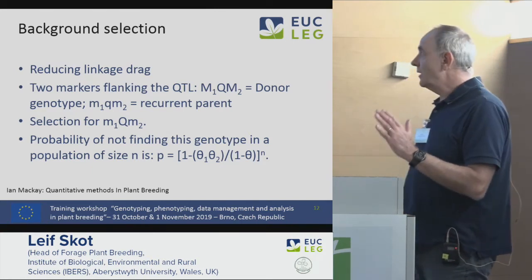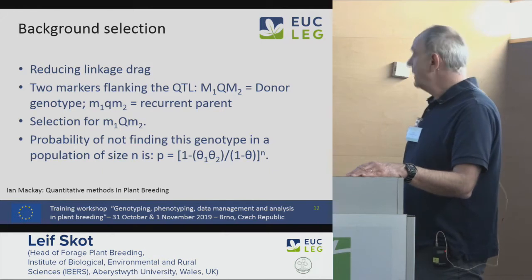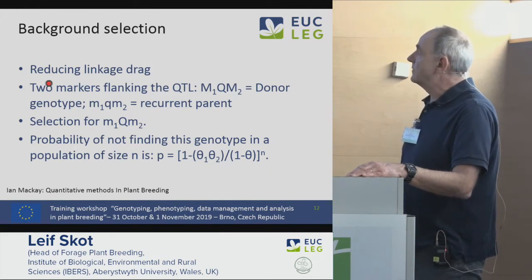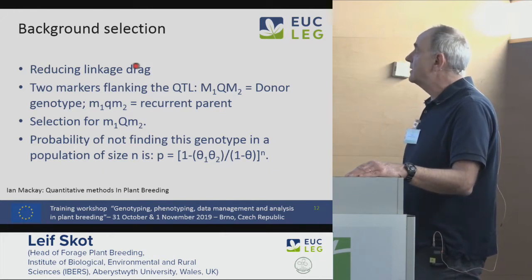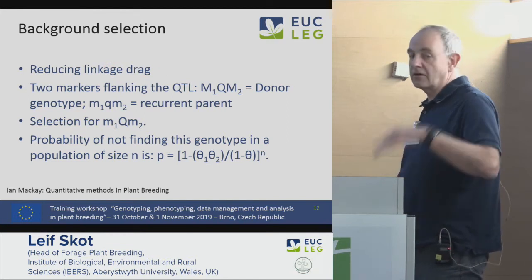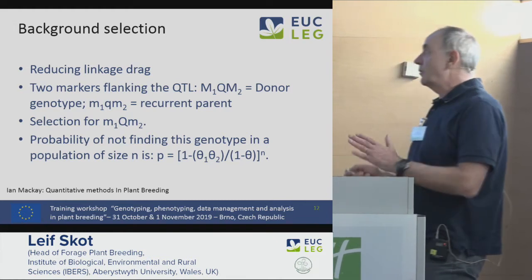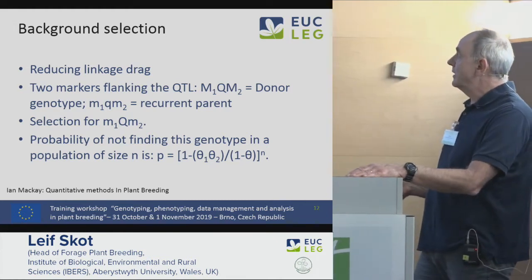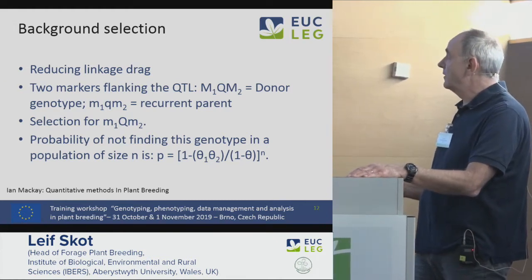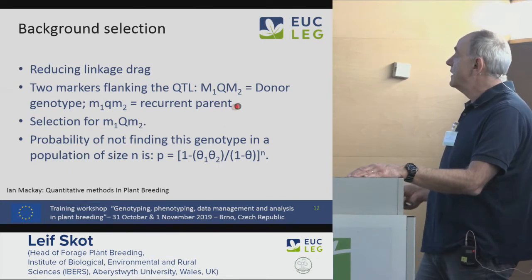chromosome where your marker of interest is, it's a little bit more complicated, and I've just taken this from Ian Mackay's. So you want to reduce the linkage drag on that chromosome, so recover as much as possible of the recurrent genome, but still have your marker there associated with the trait.